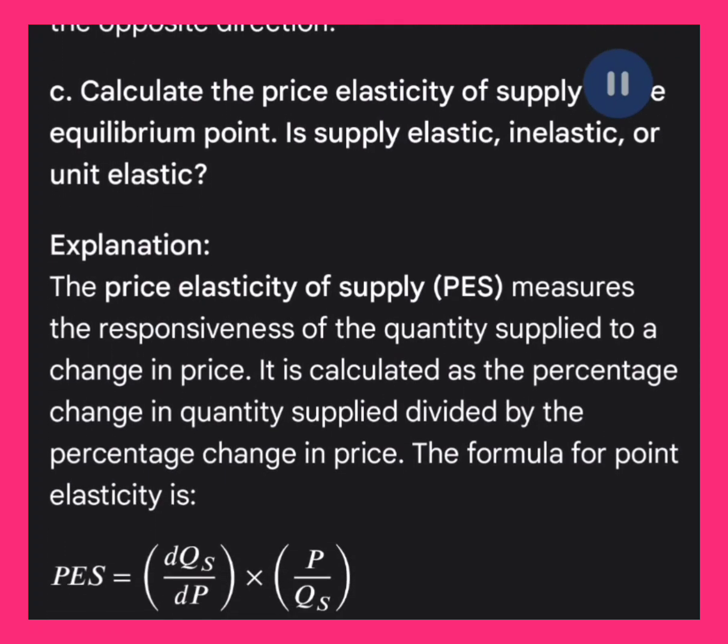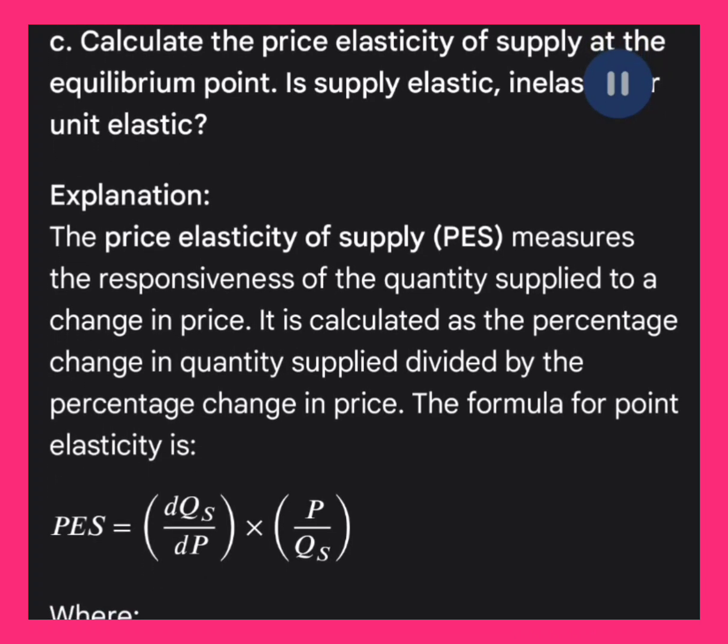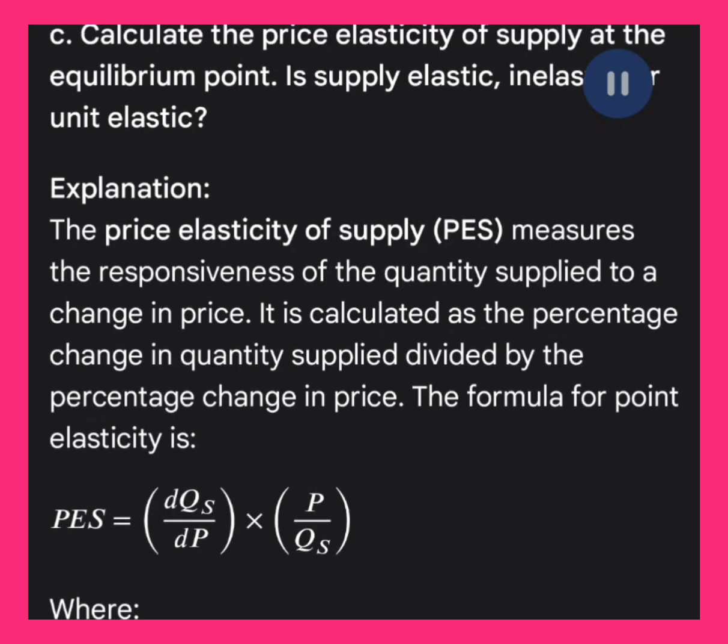Is supply elastic, inelastic, or unit elastic? Explanation: the price elasticity of supply, PES, measures the responsiveness of the quantity supplied to a change in price. It is calculated as the percentage change in quantity supplied divided by the percentage change in price.